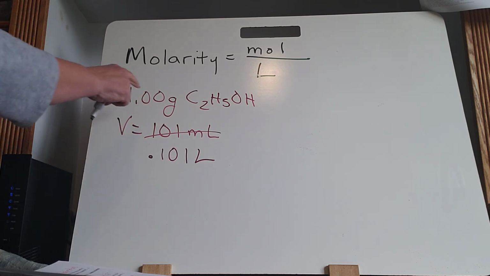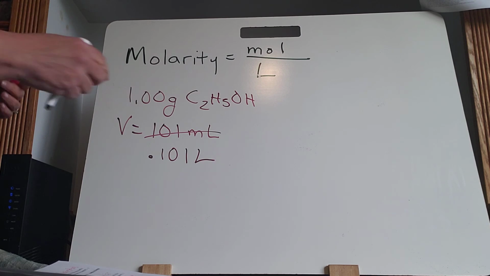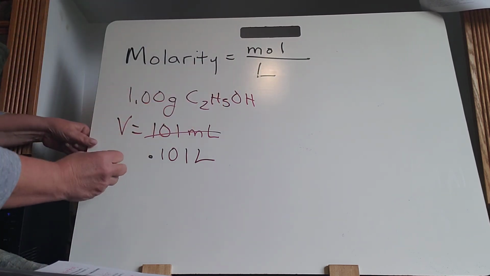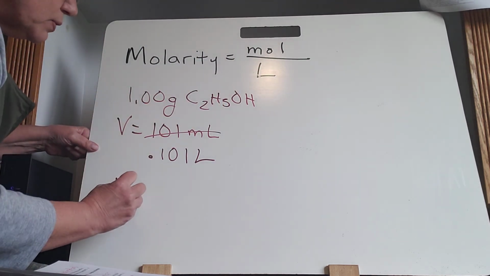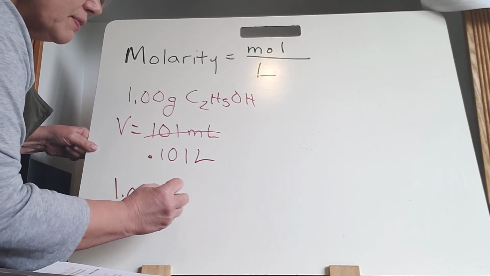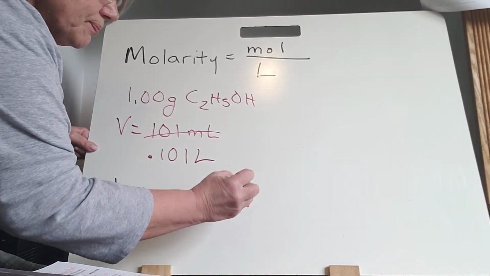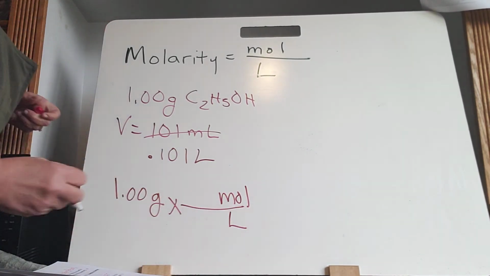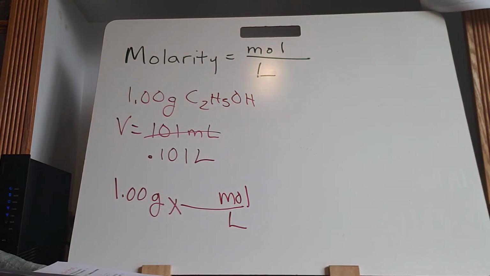And they gave us grams. We can't use grams. We need moles. So we're going to do 1.00 grams. Convert that to moles. This is going to be with us the rest of the year. Grams and moles, I know how to convert.